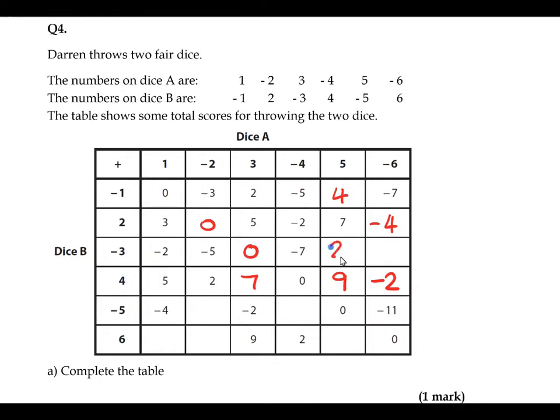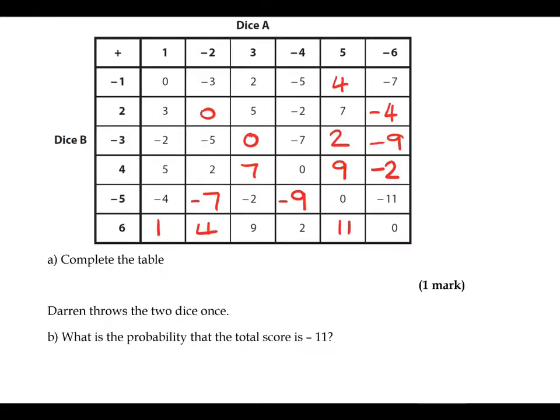Minus 3 plus 5 is 2. Minus 3 minus 6 is minus 9. Minus 5 minus 2 is minus 7. Minus 5 minus 4 is minus 9. 6 plus 1 is 7. 6 take away 2 is 4. And 6 plus 5 is 11. So your table should look like this for your 1 mark.